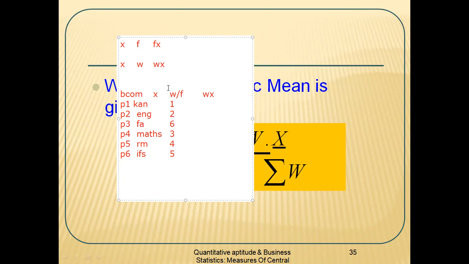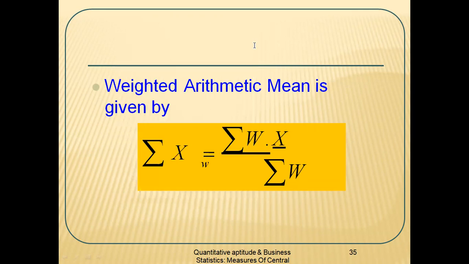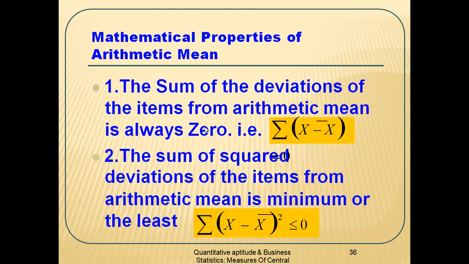Divide that by the total weights and you get the weighted arithmetic mean. Instead of frequencies, when weights are given, we calculate the weighted arithmetic mean. Generally, we use this in index numbers, which is also in your syllabus, and we will discuss it when we discuss index numbers.